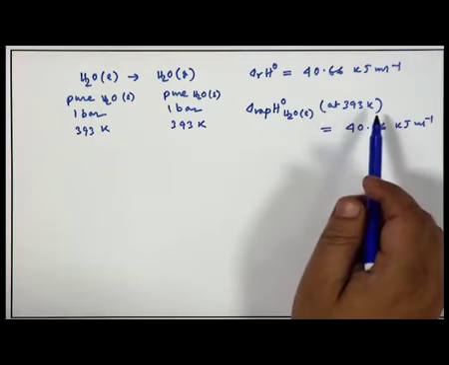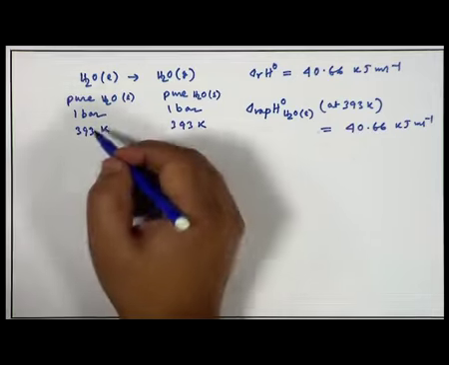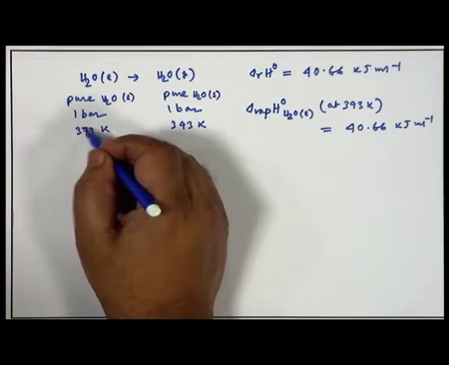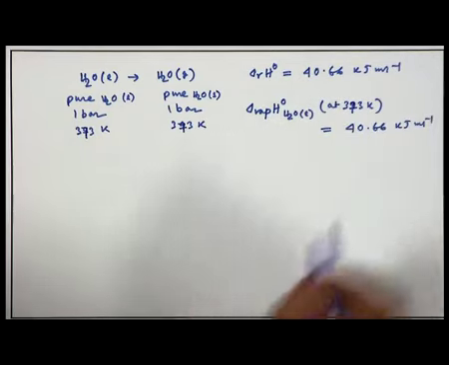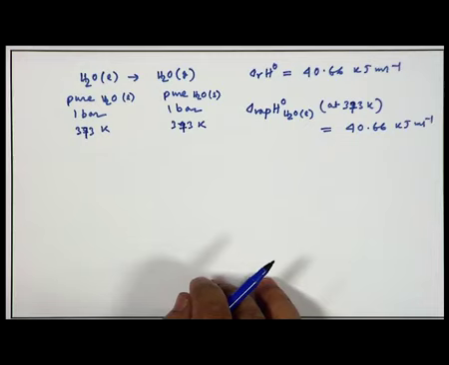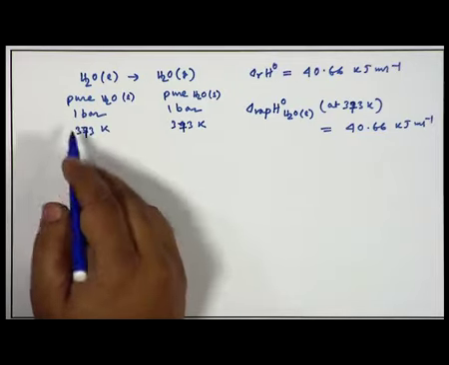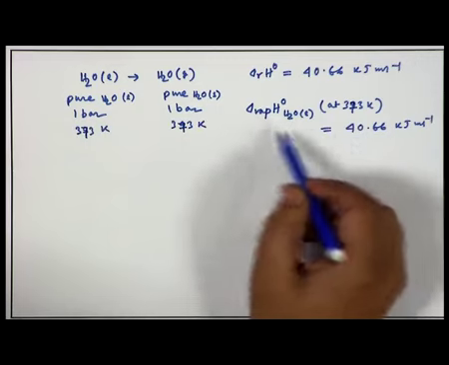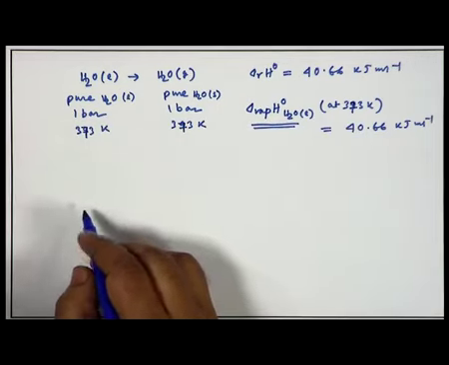So, you have to calculate, this is 373, sorry, 373. Not 93. So how will we define this? This is the standard enthalpy of vaporization of liquid water.